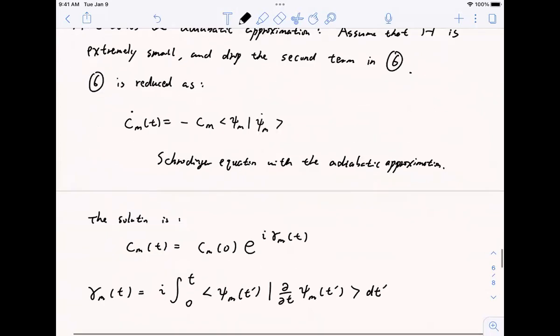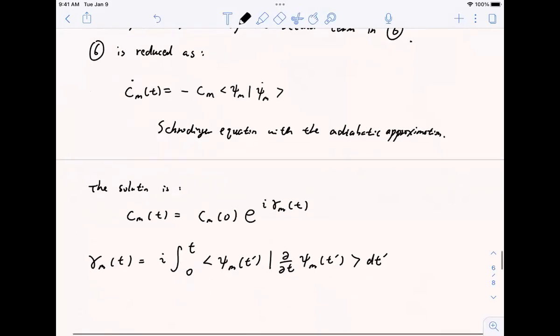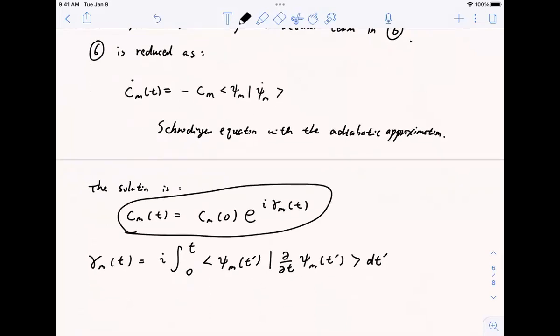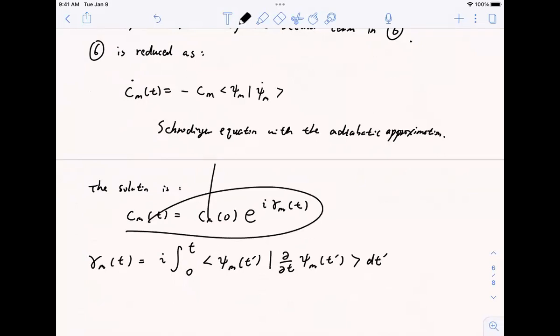And this one can be solved because it's just a derivative equal to the original function times a certain factor. So the solution has this exponential form, and you can put this in and do the derivative, and you'll find that this is the solution.